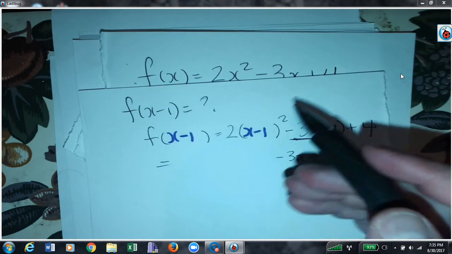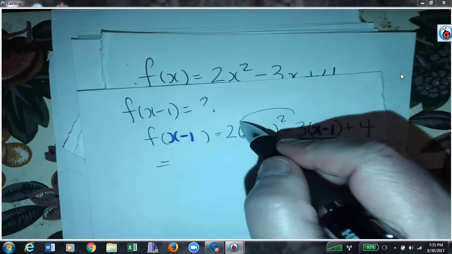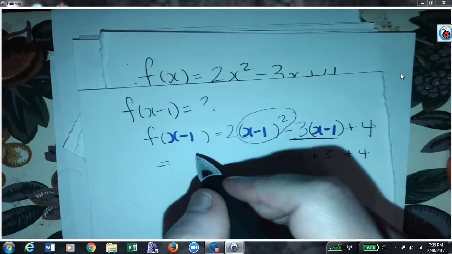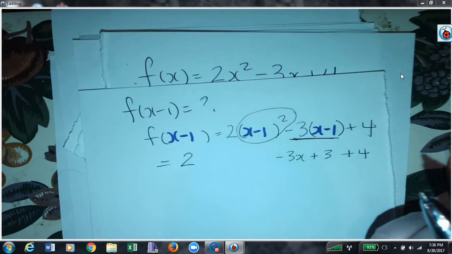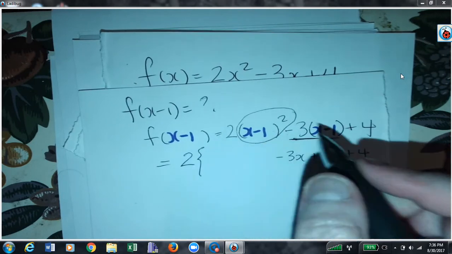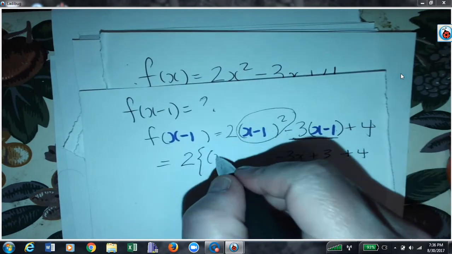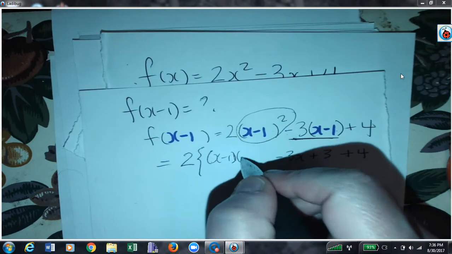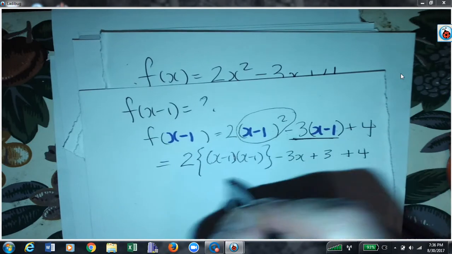Now, what about this? Order of operations, we've got to do that first. So the 2 is going to stay on the outside. And what is x minus 1 all squared? Well, it's x minus 1 times itself.